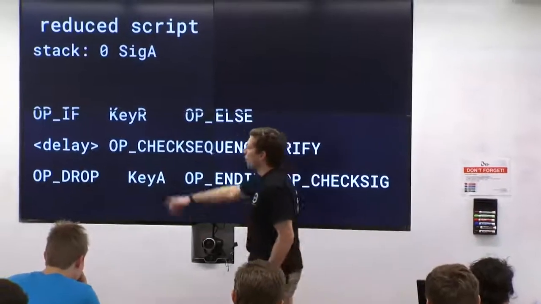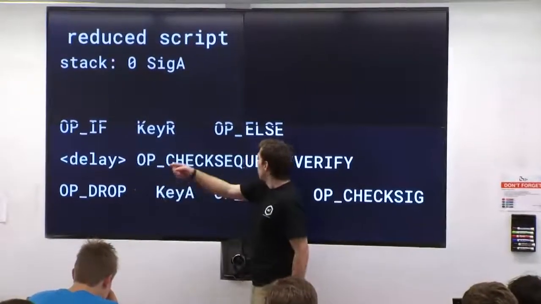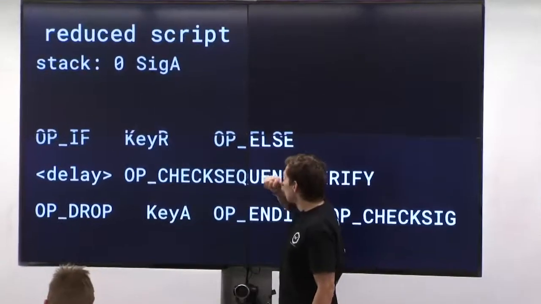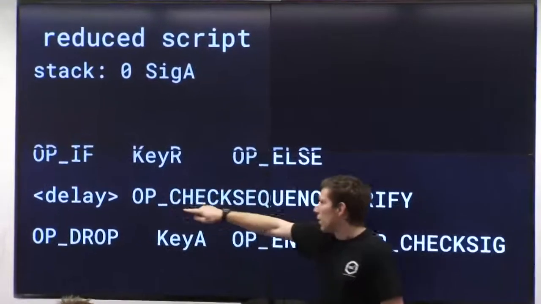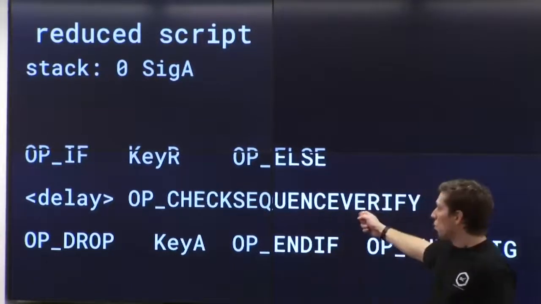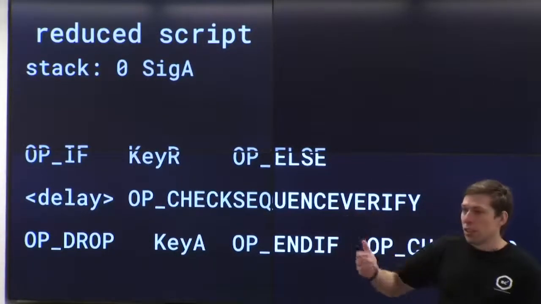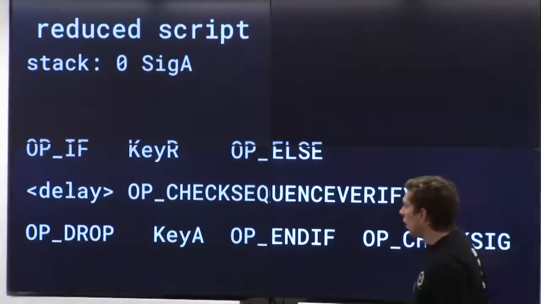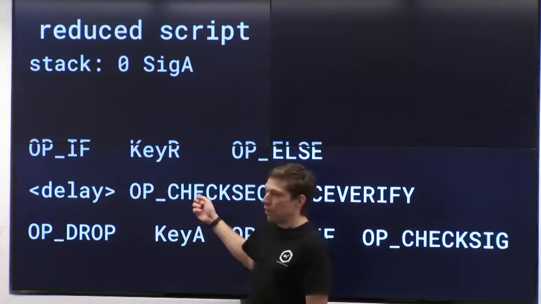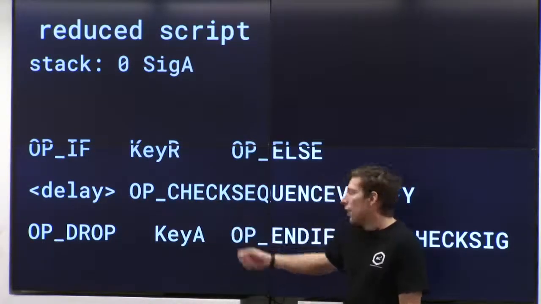And then the op if takes a 0, it skips to op else because it's not true. It pushes delay onto the stack, performs check sequence verify to make sure that enough time has passed. Drops the delay number off the stack, which is a little ugly. It would be nicer if op check sequence verify did that itself, but it doesn't.